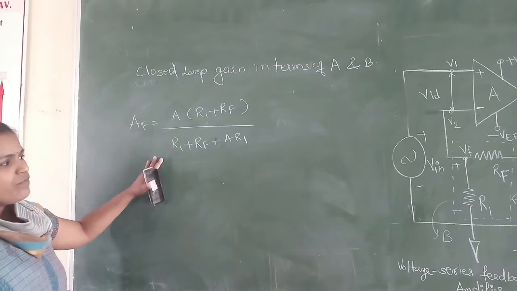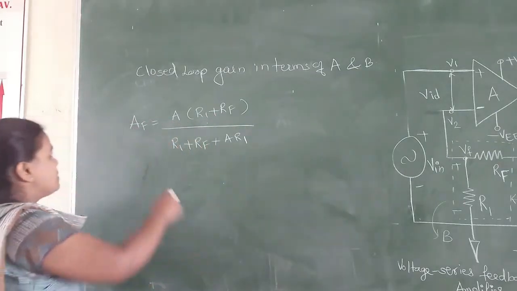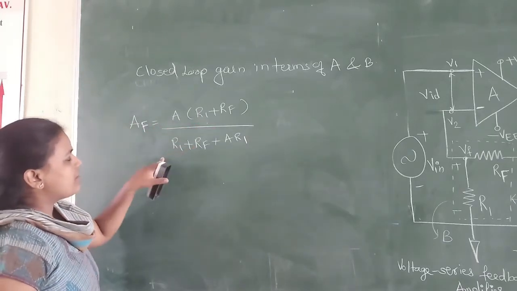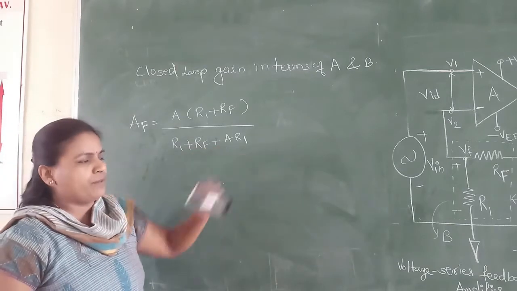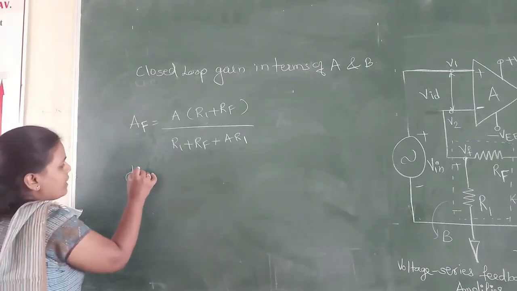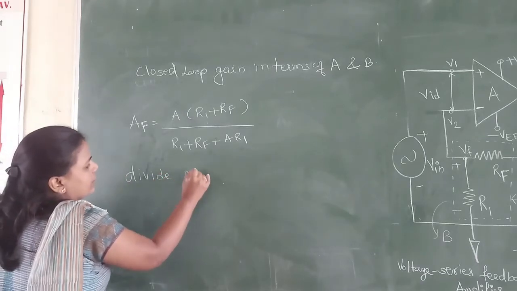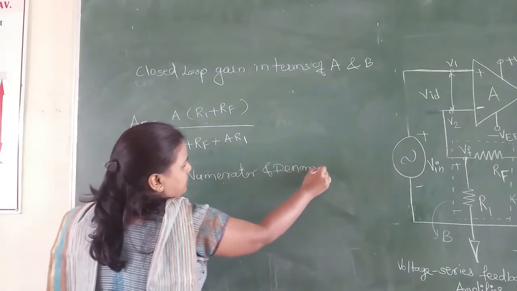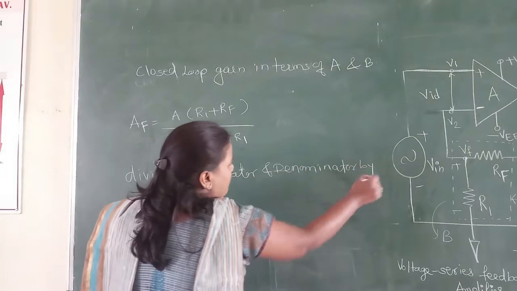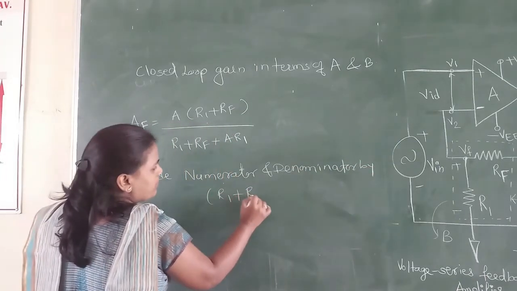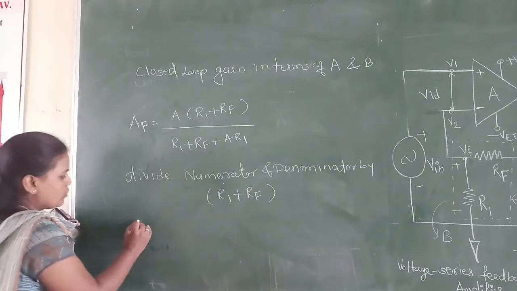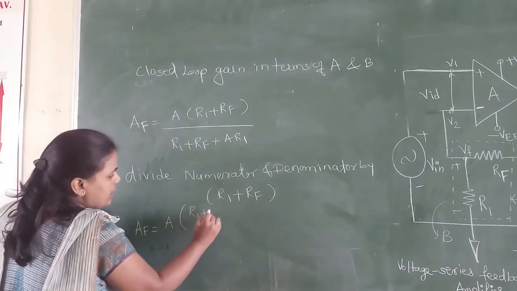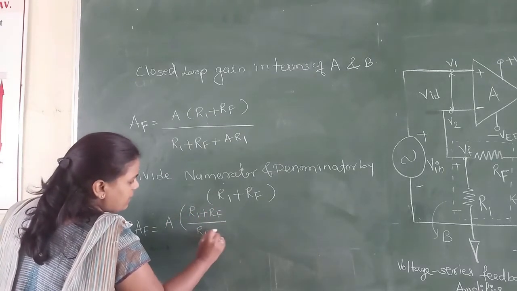That is my closed loop gain AF is equal to A into R1 plus Rf divided by R1 plus Rf plus AR1. Now for this equation we have to divide numerator and denominator by R1 plus Rf. So AF is equal to A, and in the numerator we have R1 plus Rf divided by again R1 plus Rf.